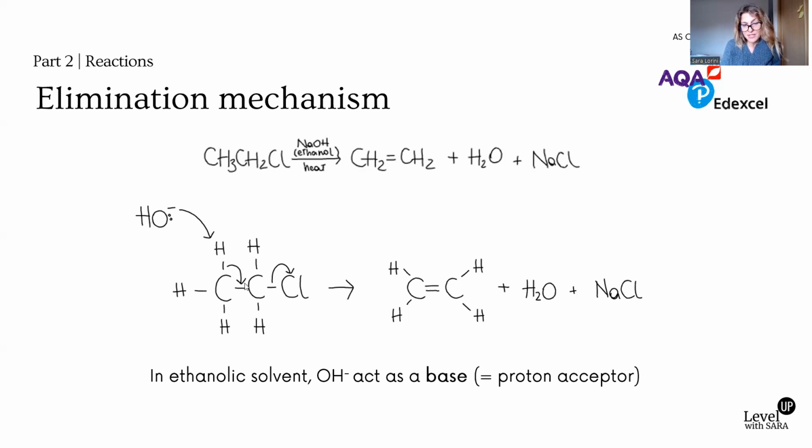But of course, carbon can't have more than 4 bonds. So now it has a double bond here. The weakest one will break, and the weakest one will be the one of the halogen. So these will leave behind an alkene, water, and the halide as well. So in this case, sodium chloride.